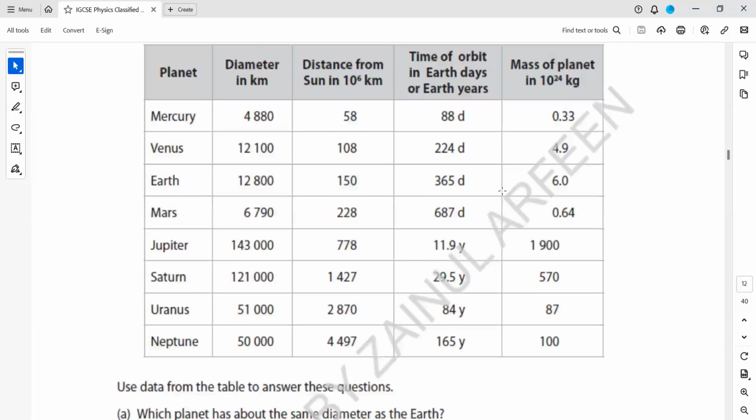If you see the size of the planet, Mars is smaller than the Earth, but Mars is taking a longer time than Earth. So the size of the planet is not the factor which affects the time period. It's the orbital distance that affects the orbital time and the speed.